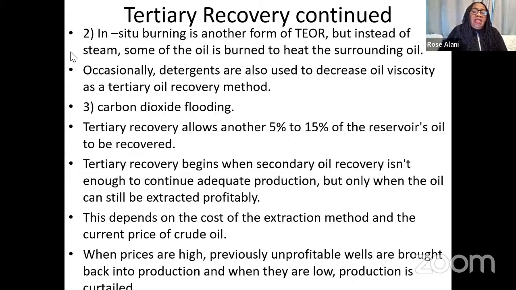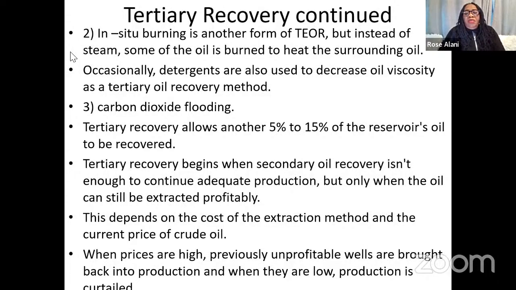And another method, the third method, is carbon dioxide flooding. Remember, I told you you can pump in carbon dioxide as well. All this will help to build pressure. So tertiary recovery allows another 5 to 15% of oil in the reservoir to be recovered.